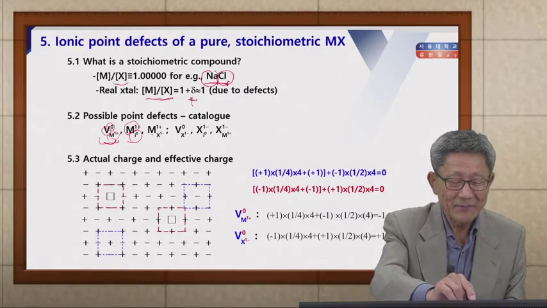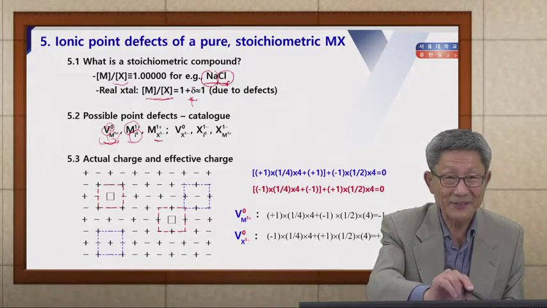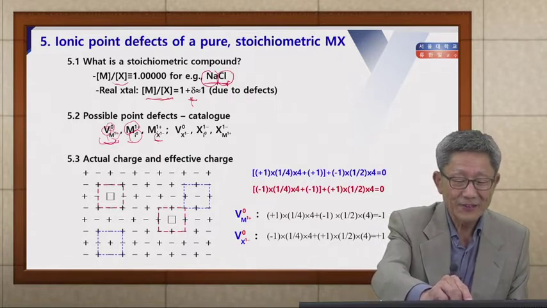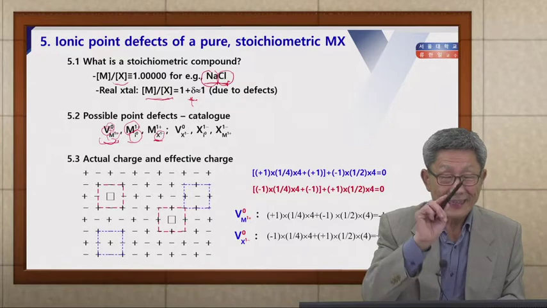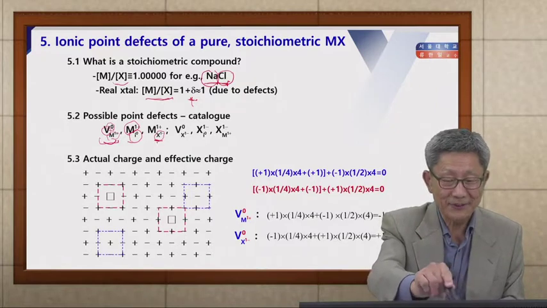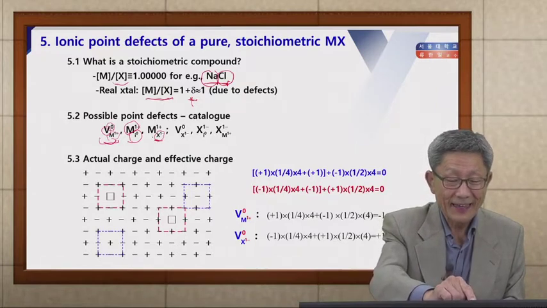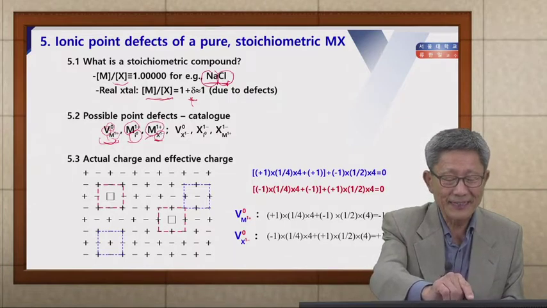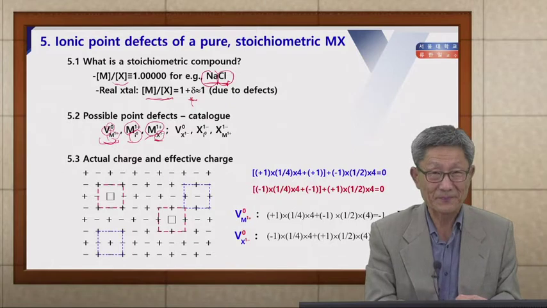And then misplaced cation, namely cation sitting on anion site. Anion site should have the negative unit charge for the case of NaCl, and the cation sitting on the anion site is charged with a +1. Okay.